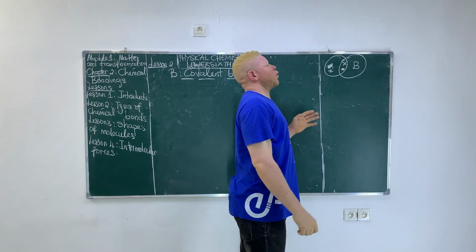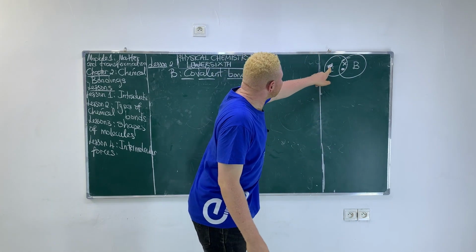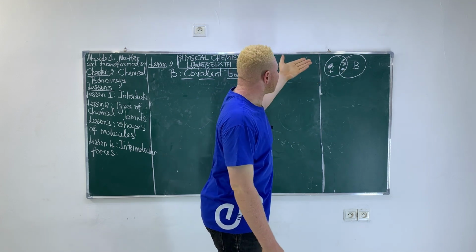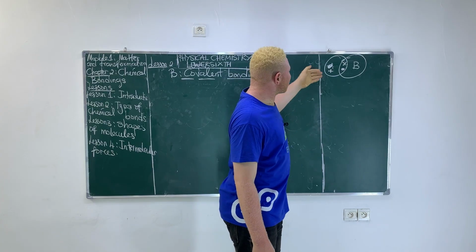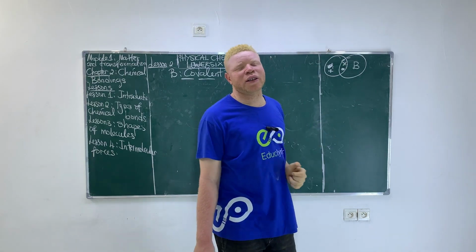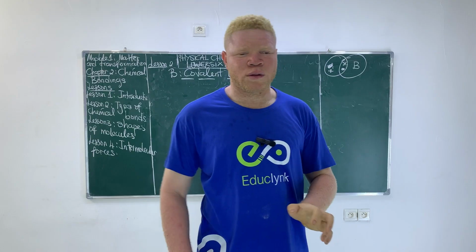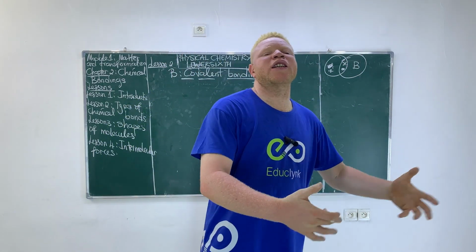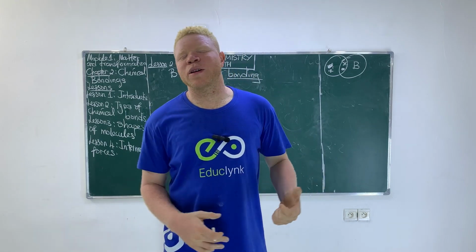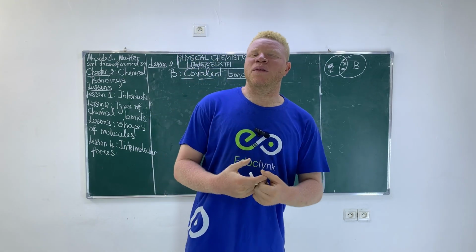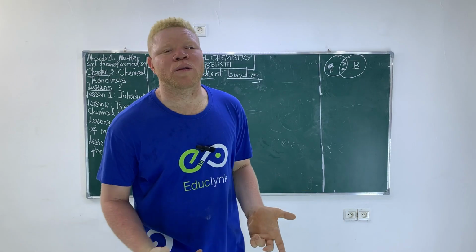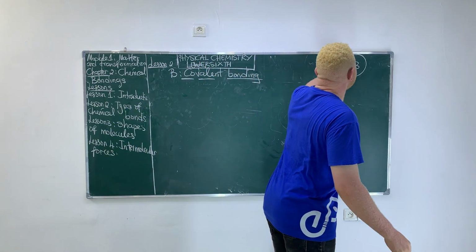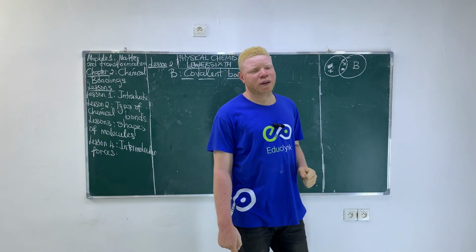So it is the electrostatic attraction between the positive nucleus and a shared pair of electrons, such that the positive nucleus is attracted to the negatively charged electrons. So that is a covalent bond: simply the sharing of electrons to attain noble gas stability. At the end of the day, the covalent bond is the electrostatic force of attraction between the positive nuclei and shared pairs of electrons.